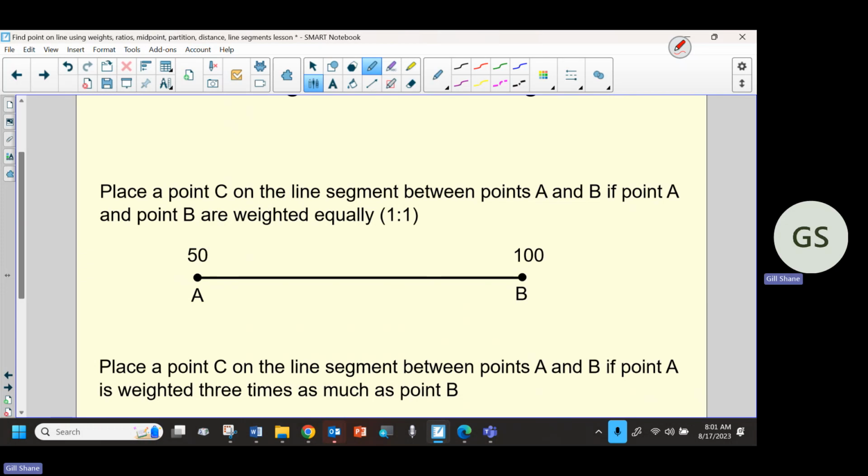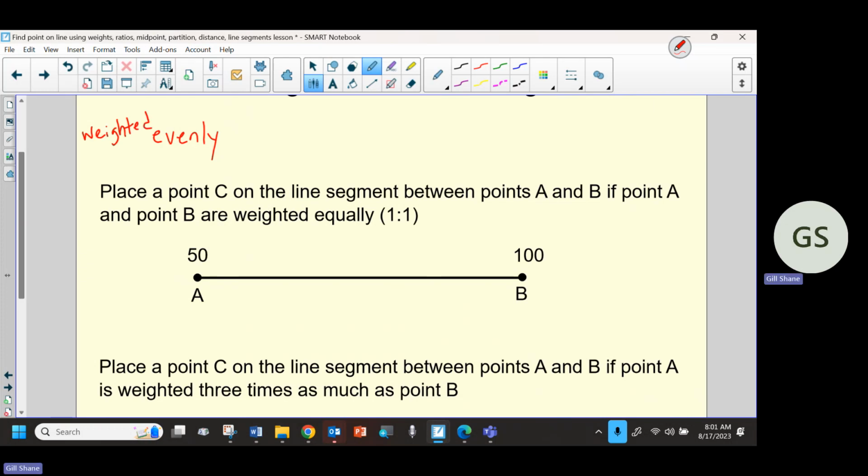If I say it's weighted 3 times as much, then the weight is 3. So when I say 1 to 1, they are weighted evenly. You might see, and I don't know how the district would say this, they might say weighted evenly.